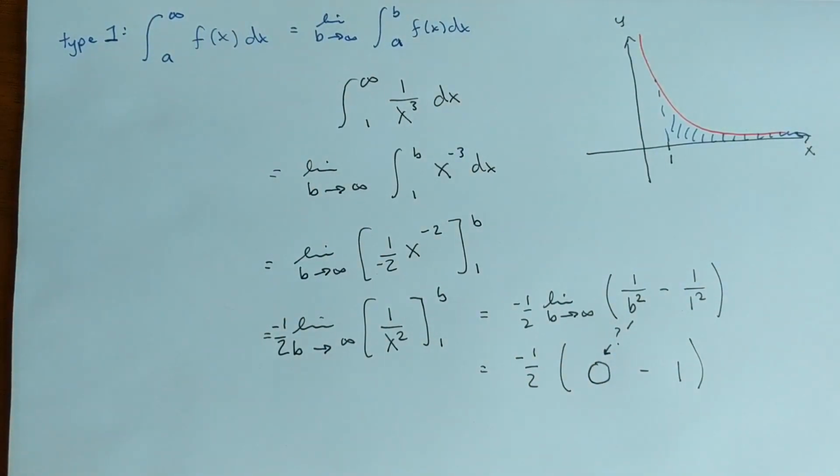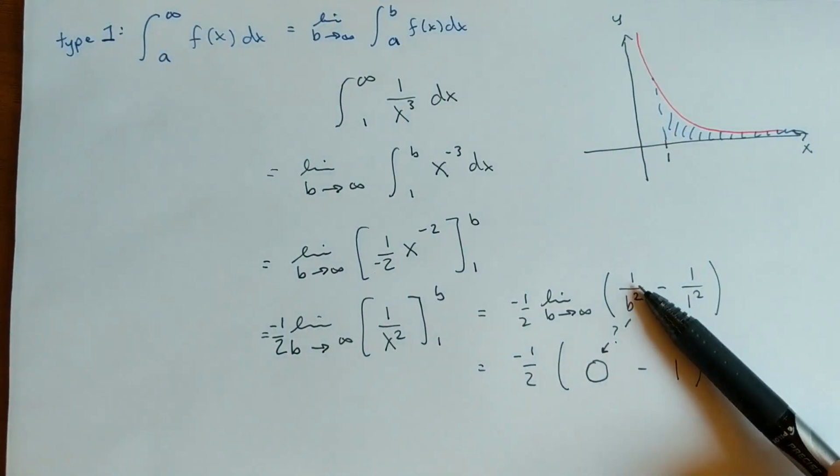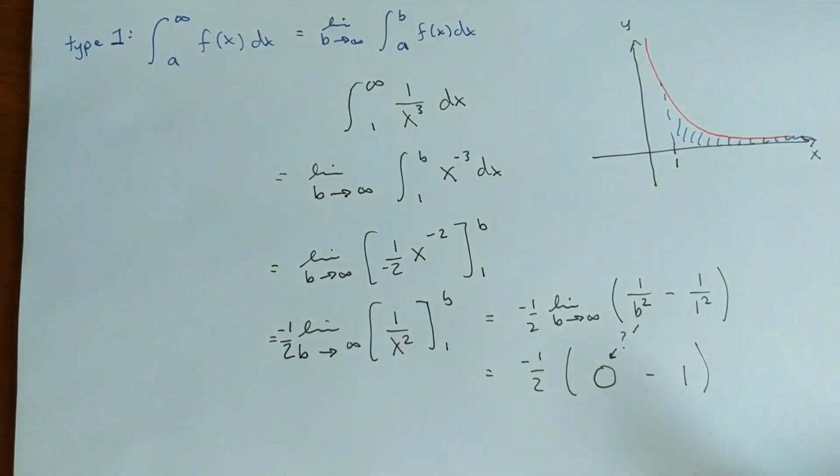If we have the bottom of a fraction growing faster than the top of the fraction at infinity, then the limit of that will be 0. If the top of the fraction is growing faster than the bottom, then the limit's going to be infinity. And if they're growing at sort of the same rate, it's going to be some other finite value.